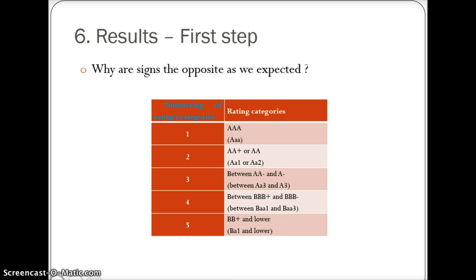Increasing the rating means that we move from AA+ to AAA, but from the point of view of classes, it's equivalent to moving from class 2 to class 1. In other words, rating increases when the class is lower.